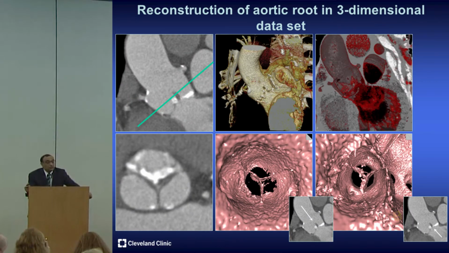As I showed you, you acquire data in 3 dimensions, which means you can play with the data on the software to create fancy views. The fancy colors are just for show and tell.